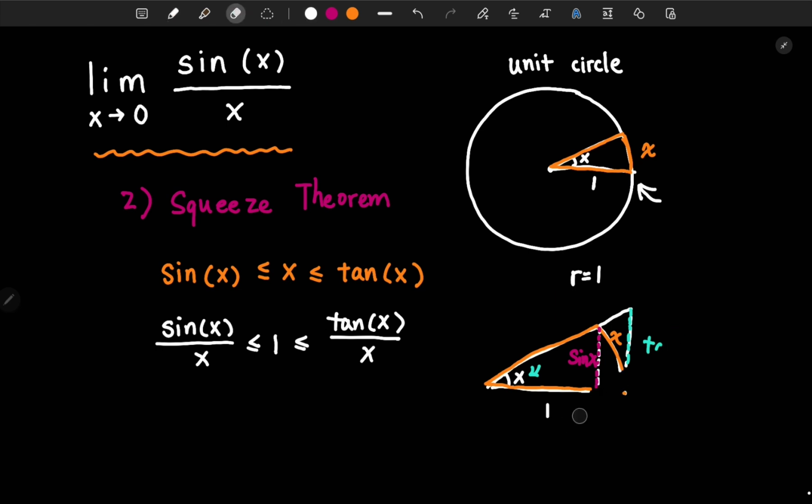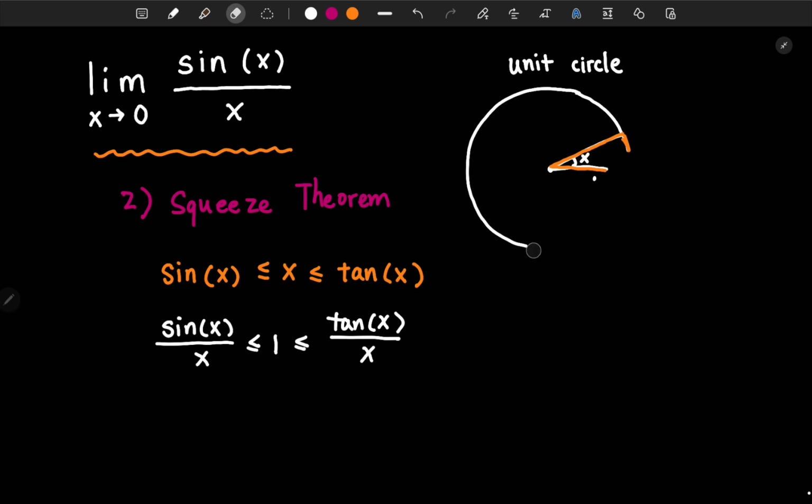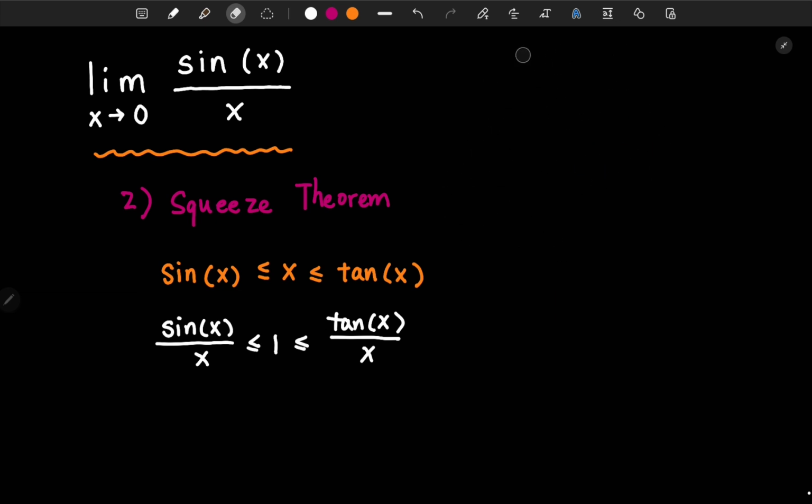Let me erase this unit circle. We also know that tangent x is the same as sine x divided by cosine x.